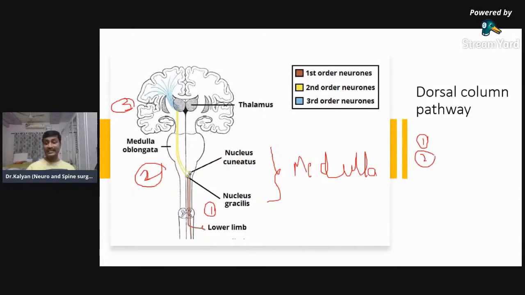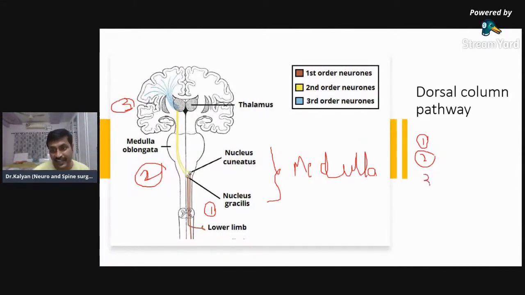You should not forget fine touch. So for crude touch we have a different pathway, and a different pathway for fine touch. Everyone has answered it right. So the fine touch goes through the dorsal column pathway.